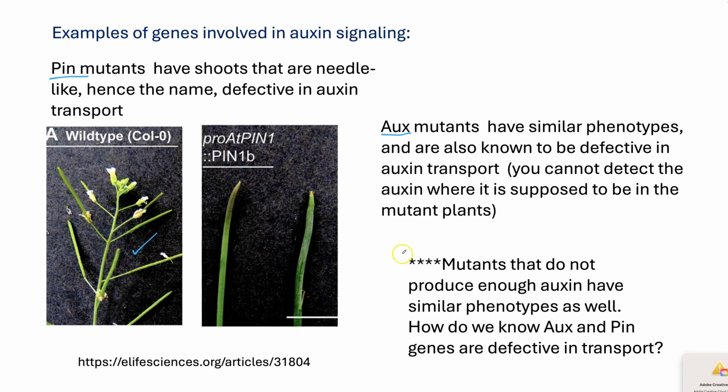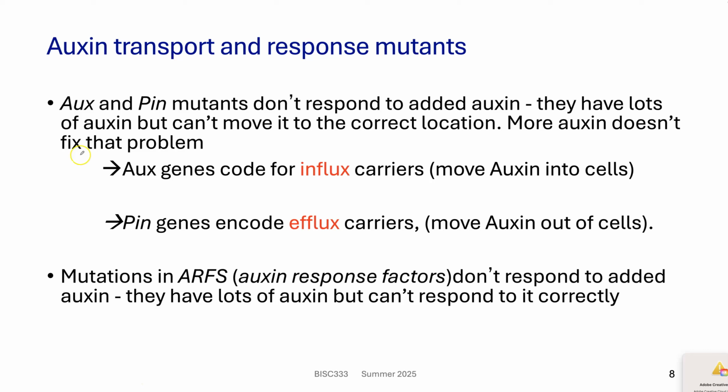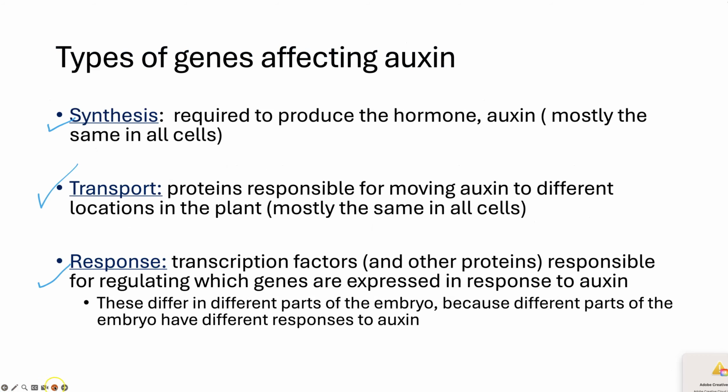So there's other phenotypes that you see. If you've got mutants that don't produce enough auxin, you can see mutant phenotypes that look very similar to this. So how can we tell which is which? Well, just think about that, and we'll get to it in a minute. So just think back to this slide here.